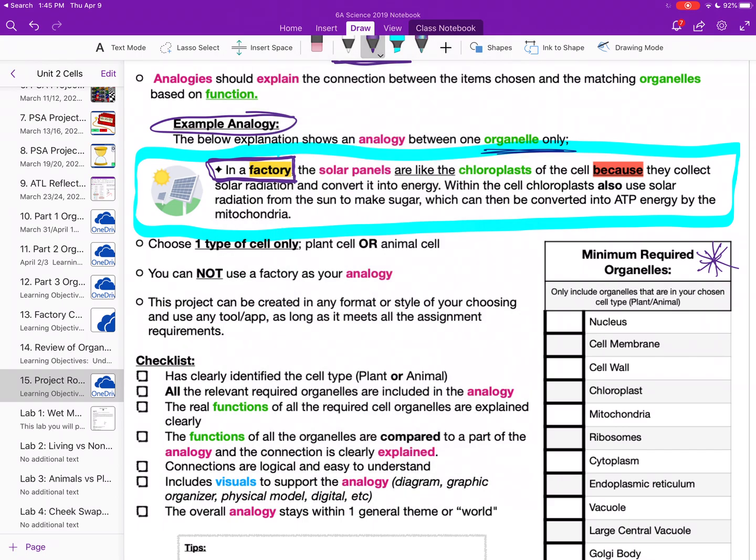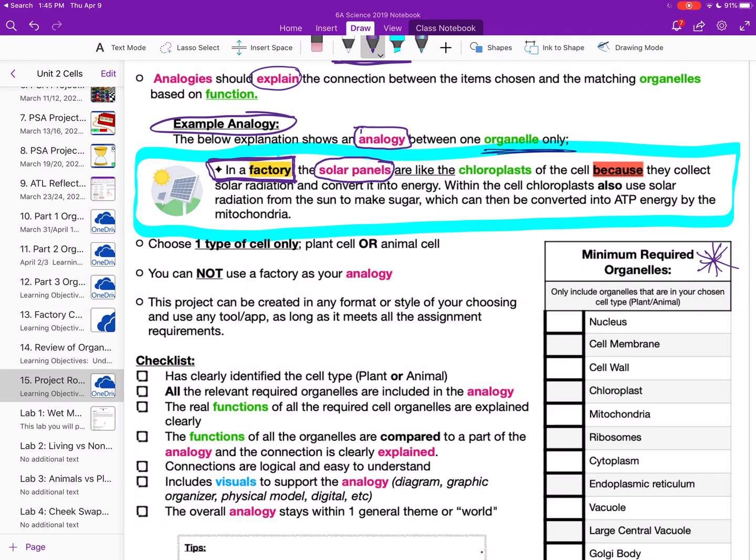I've actually color-coded some of the words here, and this helps you with your grading. Purple words, so things like analogy, describe, explain, all come down to our reporting standard of application of content area knowledge. Can you make those connections? Can you apply your thinking and understanding to make an analogy?